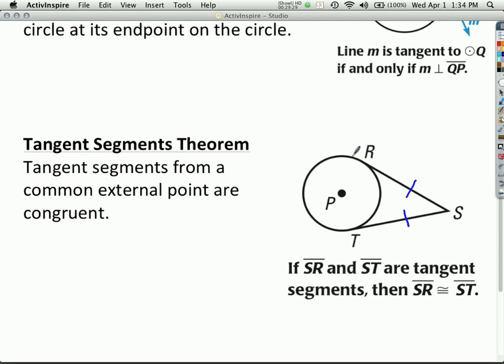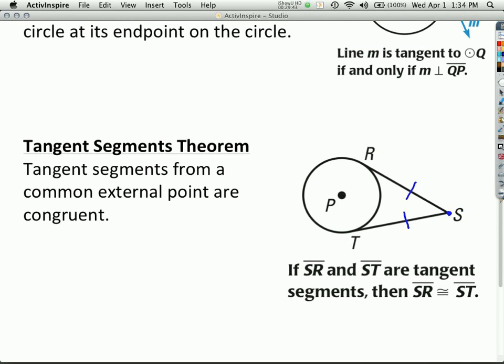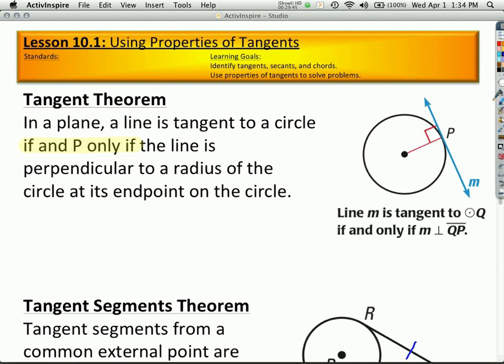If this is tangent and this is tangent and they are both touching the same point, then they are congruent to each other. Does anyone have any questions about that? So we are going to use these ideas within our explorations today. Any questions? Okay, so we're going to come back to the theorems in a little while.